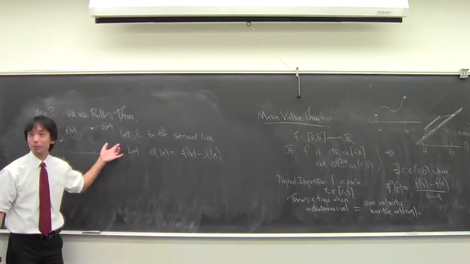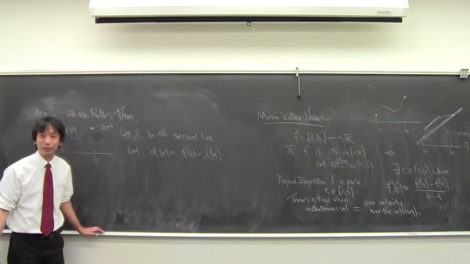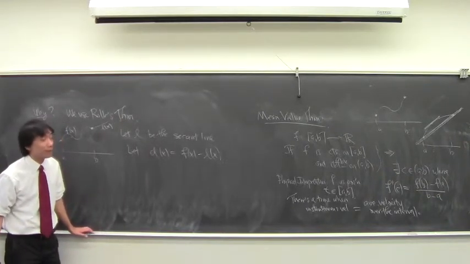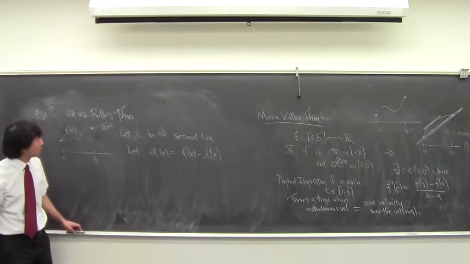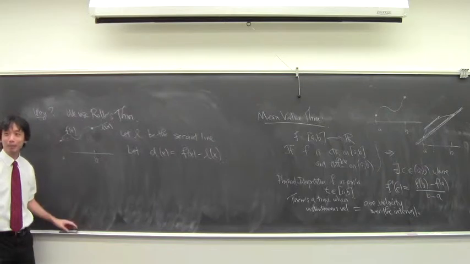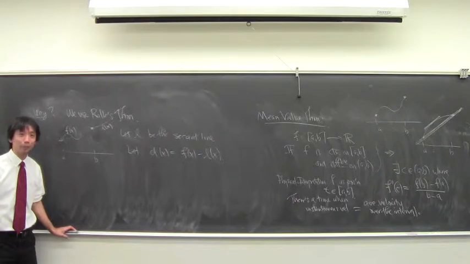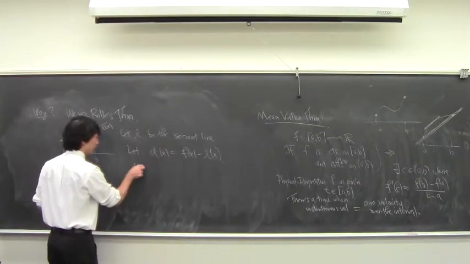Okay, so what do you see about D? Who notices the key fact about D? Isaac: Sometimes it's positive, sometimes it's negative, given the difference between F and L. Okay. Anybody notice other things about D? Anything related to Rolle's theorem? What is D of A?